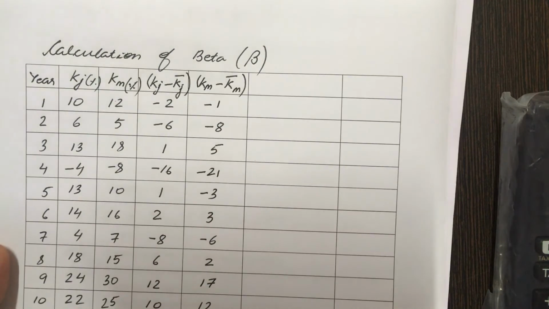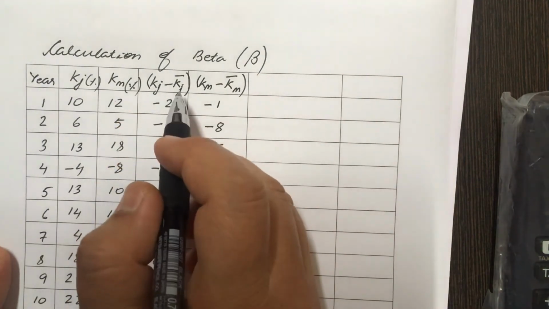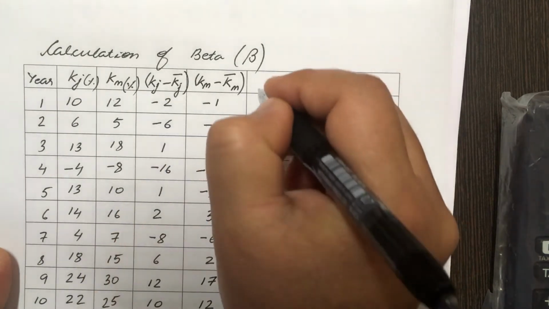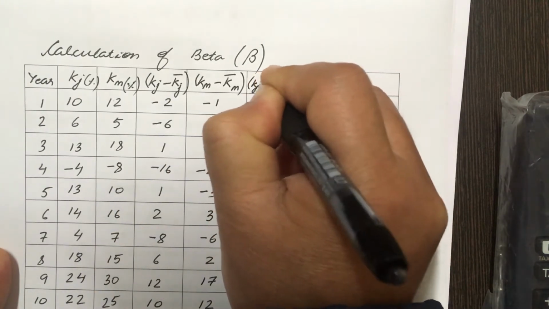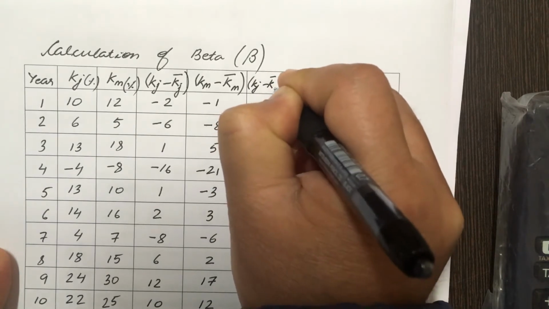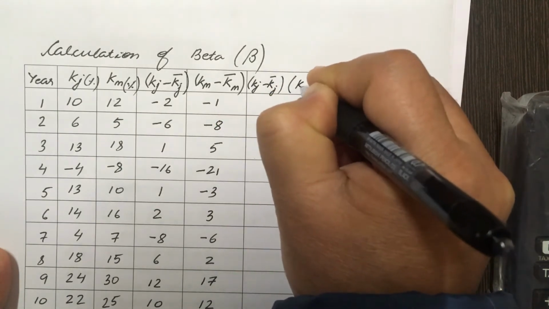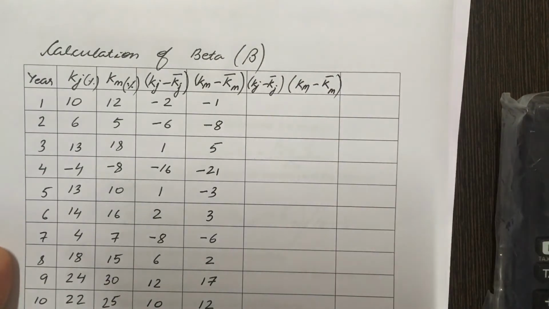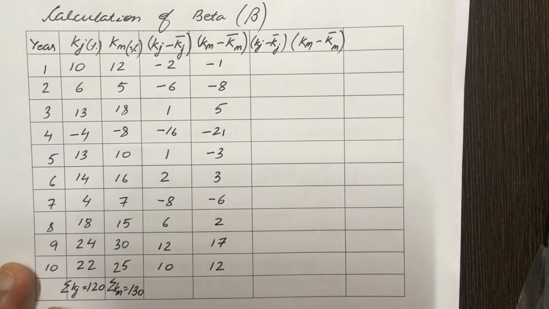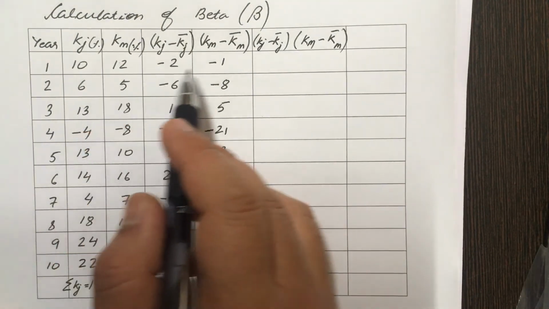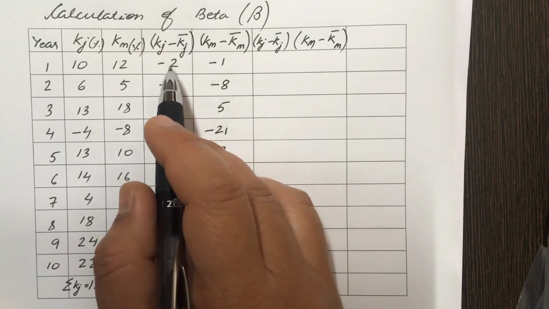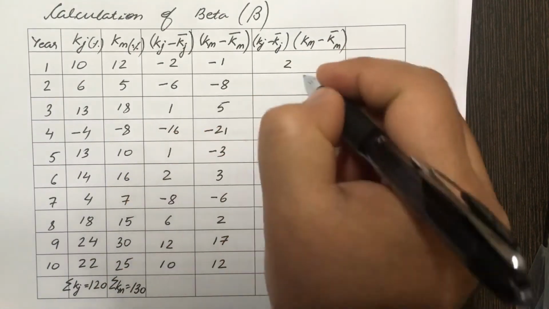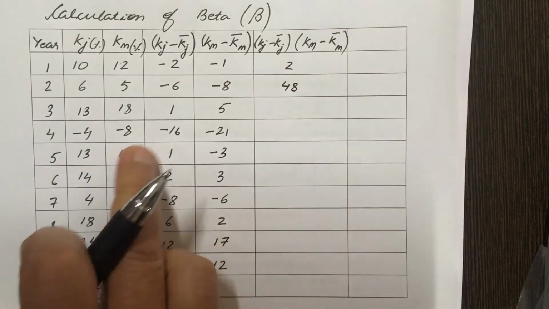All right. Now next is find out, the product of these two. Kj minus k bar j into km minus k bar m. All right. So take the product. Minus 2 into minus 1, that will be 2. 6 8s are 48. Okay, you know the rule.